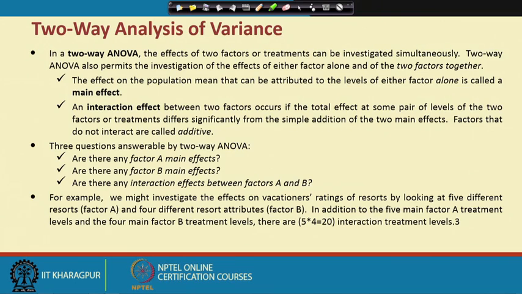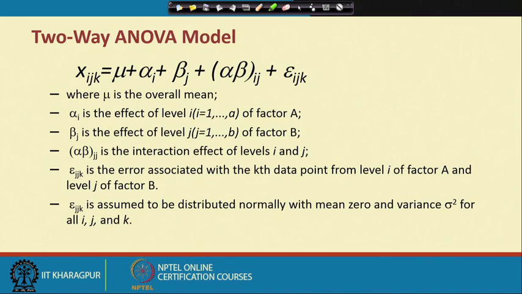So, let us see how this structure looks, and this is the two-way ANOVA model, where x_ijk is the total effect, connected with mu, the population mean, plus alpha_i plus beta_j plus alpha beta_ij and epsilon_ijk.